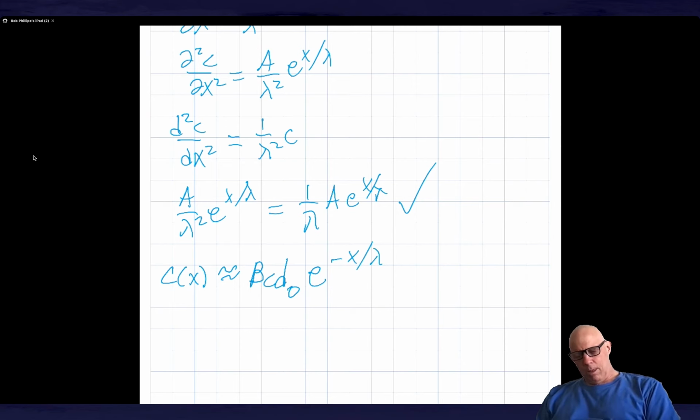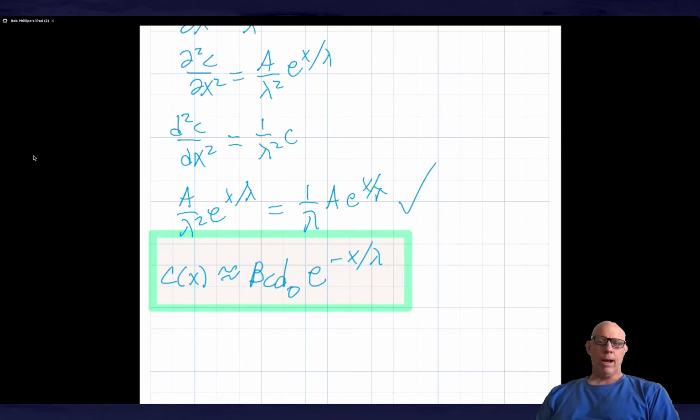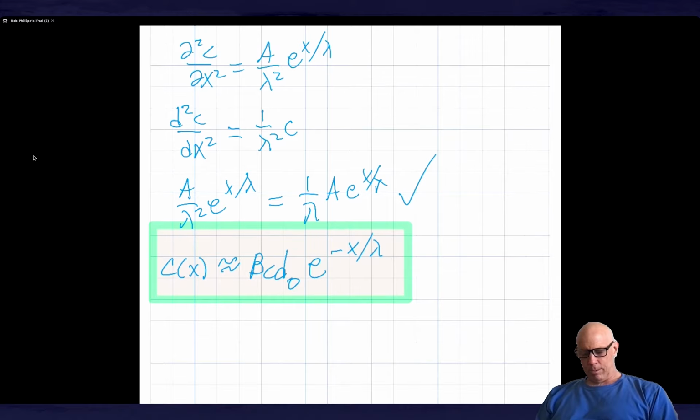Because I'm throwing out the e to the plus x over lambda solution on the grounds that it is weak in comparison with this decaying exponential term. In other words, it basically doesn't contribute. When you apply the boundary conditions, you will find that it results in a term which is less important than this one. So we're going to say that the bicoid gradient is described by this simple exponential.